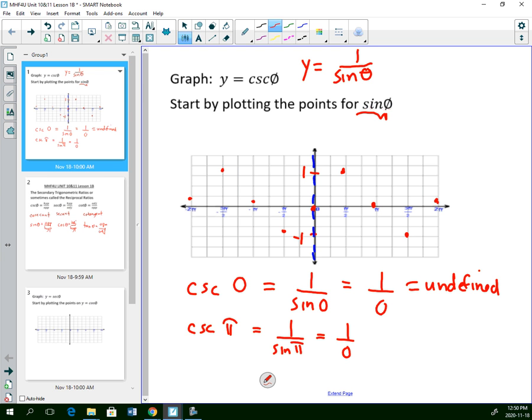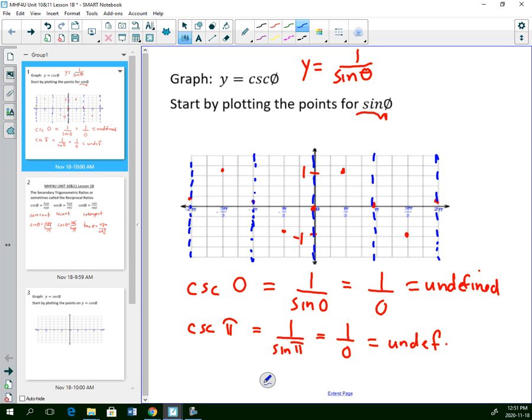And that creates another undefined answer. So whenever the value of sine is 0, it's going to create a vertical asymptote. It's going to create a break in the graph where there is no value.